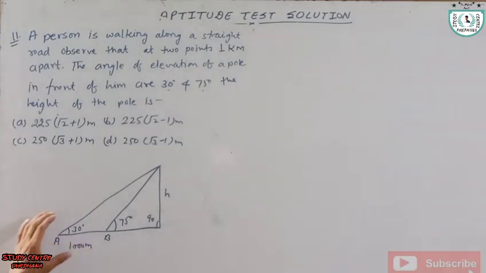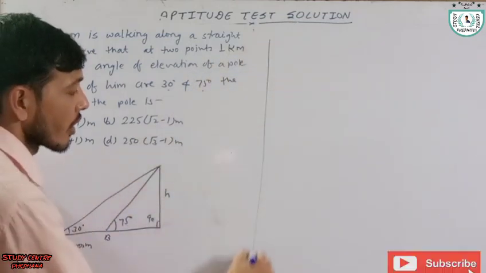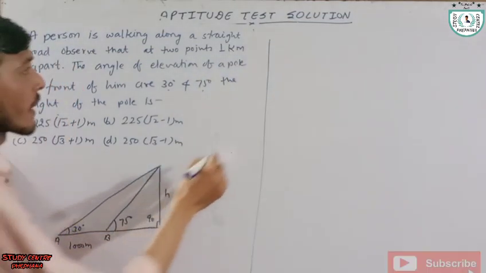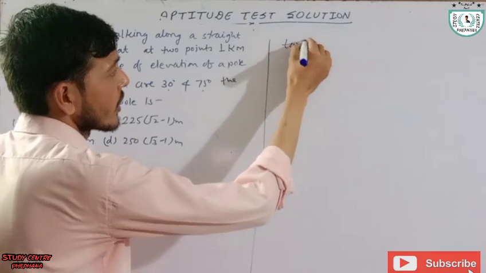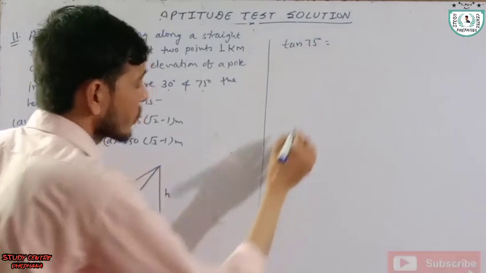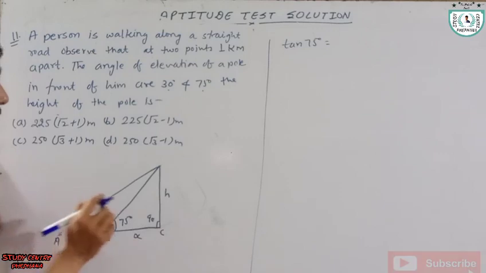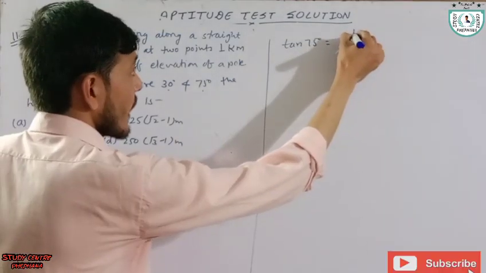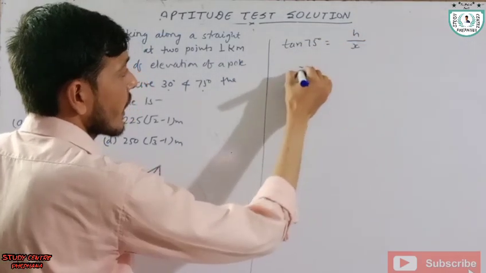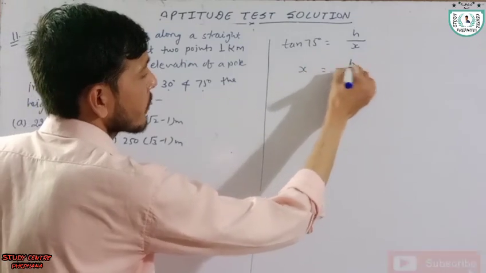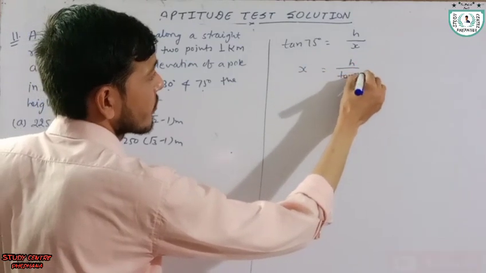Now I can solve this for the value of h. First of all, tangent of 75 degrees is equal to h upon x, where BC is equal to x. Hence x is equal to h upon tan 75 degrees.